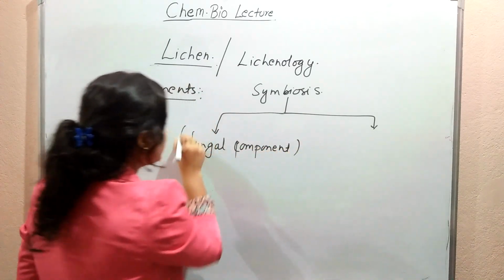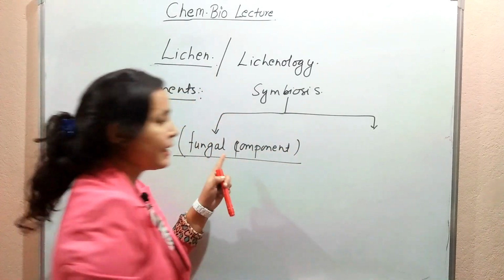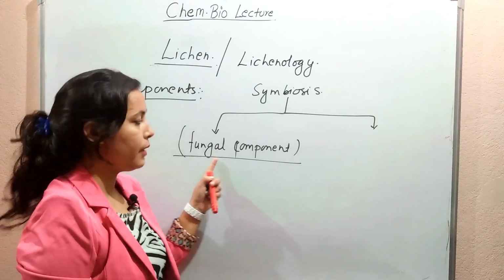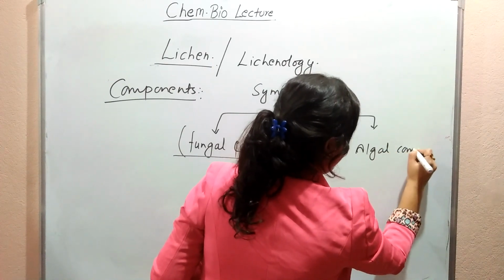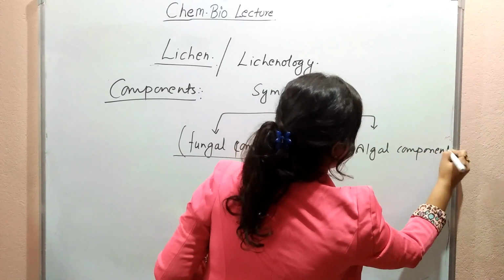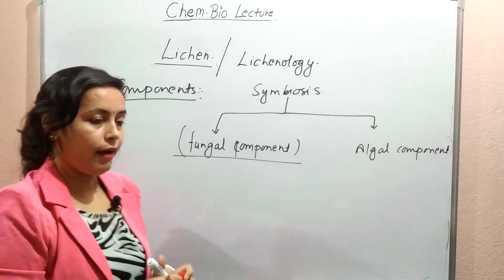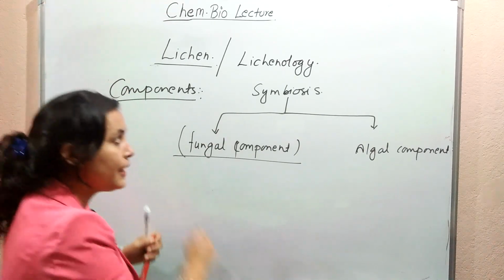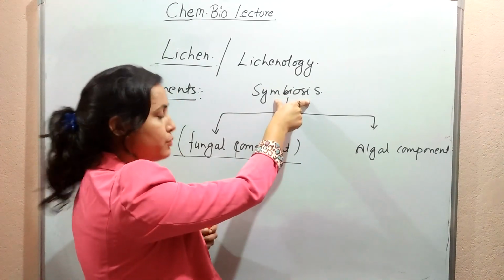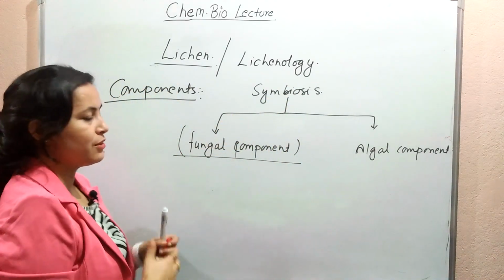Okay, and the major portion of the lichen is the fungal component. And the next component is the algal component. Algal component and fungal component have defined roles in this kind of association. Fungal component, what does it do?